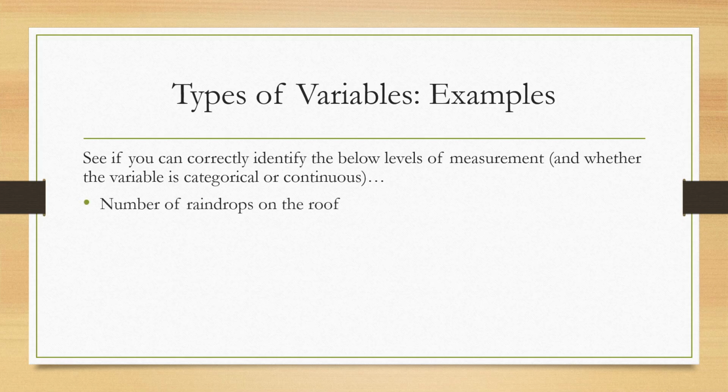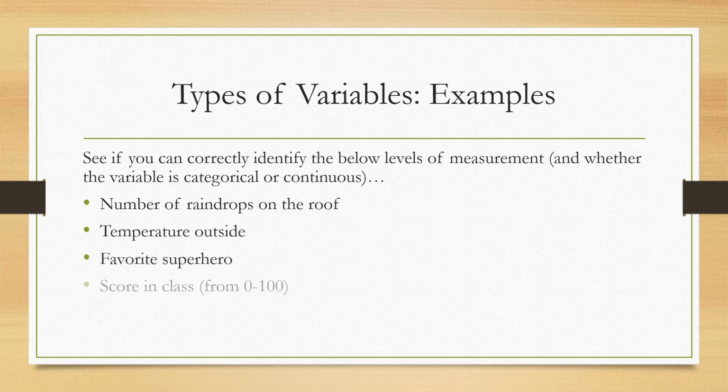Is that nominal, ordinal, interval, or ratio? Go on and pause and then come back. Actually, you know what? I'm just going to display all of these. There we go. So for each of these, go on and pause the video, look at each of these, and then come back and after you've paused it and thought about them, we'll talk through them.